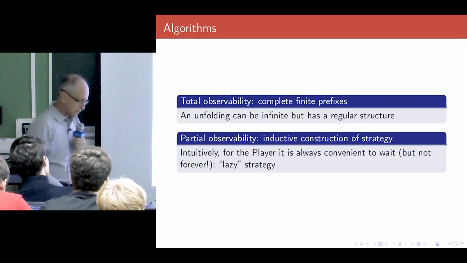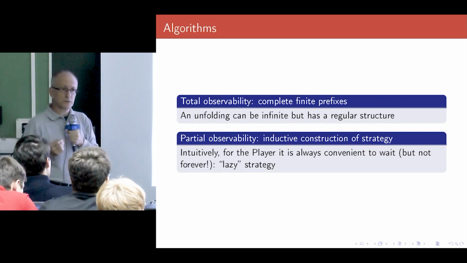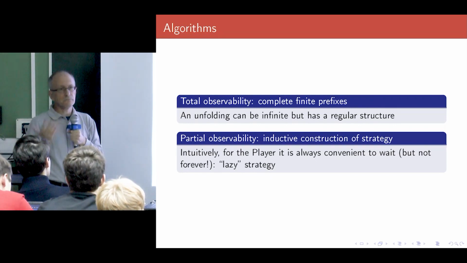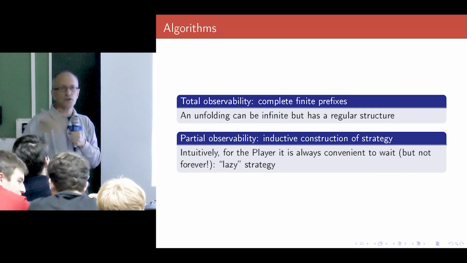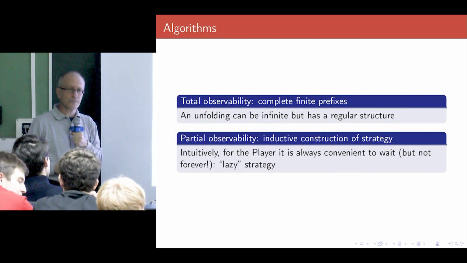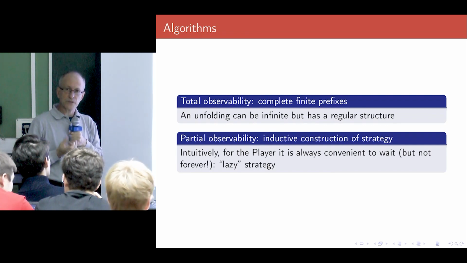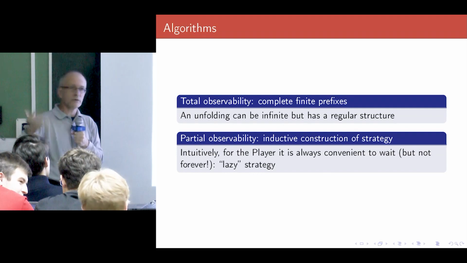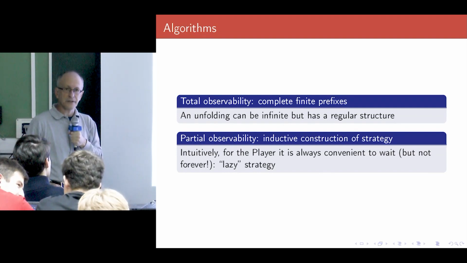So, we are almost at the end. Of course, so far we have reasoned in very abstract terms, finding a strategy on an infinite set. On the practical side, if we want algorithms, then we cannot work on the full unfolding, the whole infinite net.